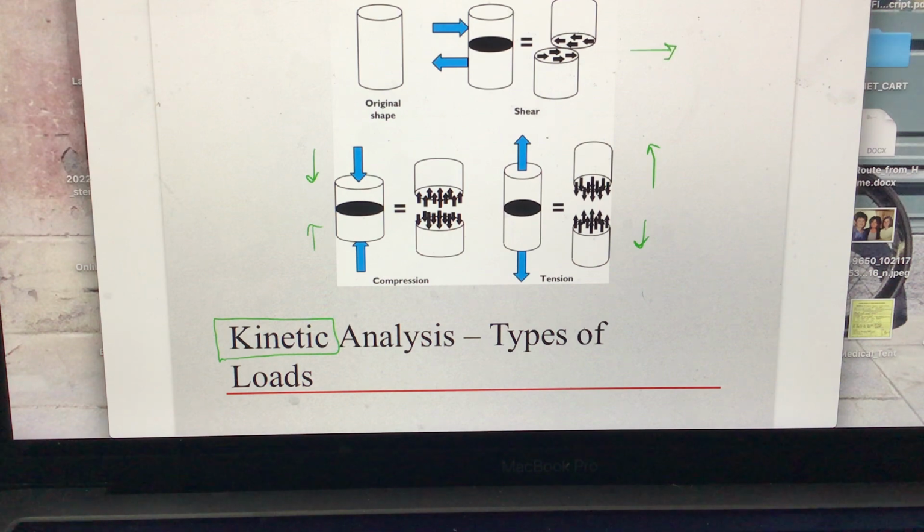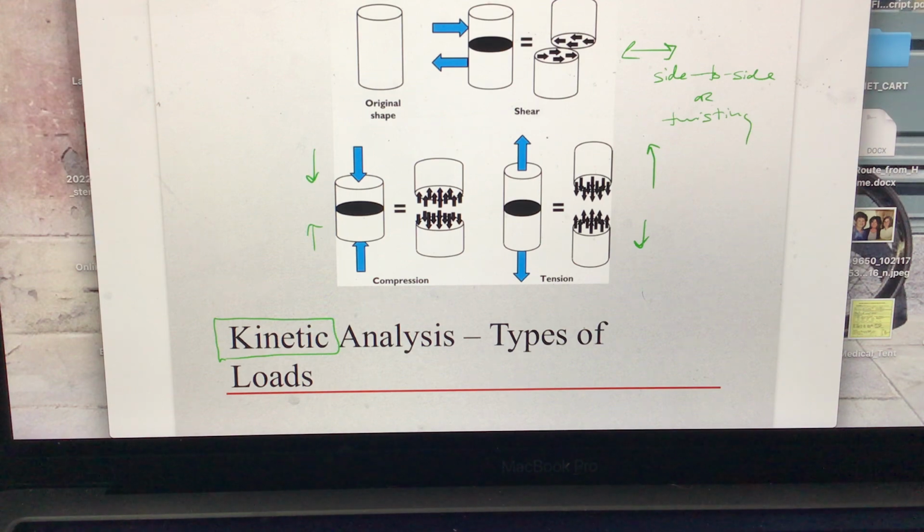Shear is a side to side or twisting. ACL tears are commonly happening because of a twisting or shear force. Not necessarily straight up and down compression, not necessarily straight up and down tension, pulling apart, but some kind of combination of a twisting, which usually involves some compression and some tension.